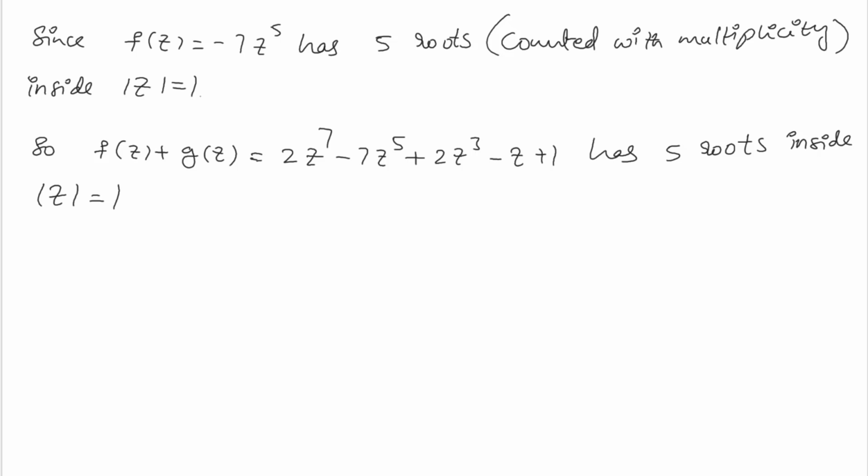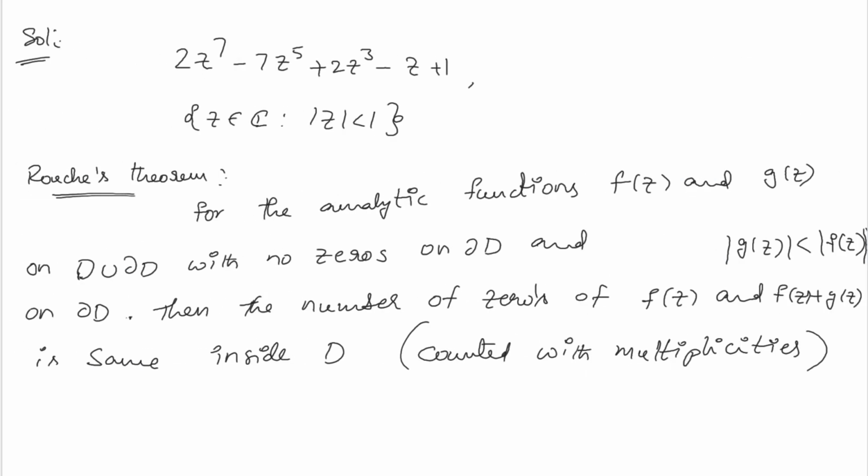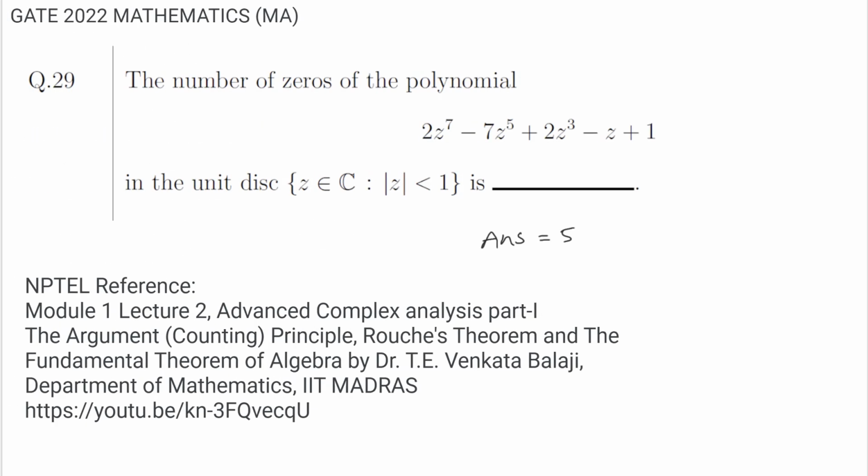Since it is a polynomial of degree 7 and it has 5 roots inside this circle mod z equal to 1, the rest of the 2 roots can be outside or on the circle mod z equal to 1. But here it is asked to calculate the number of zeros inside the circle mod z equal to 1, and the number of zeros is 5. Thank you.